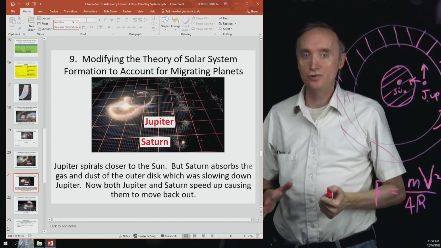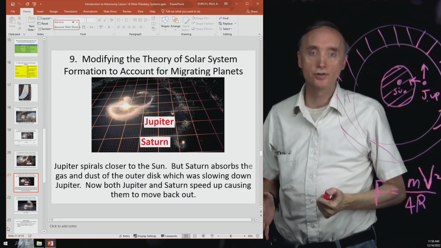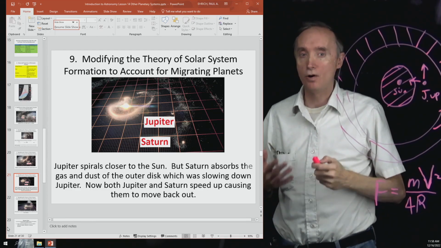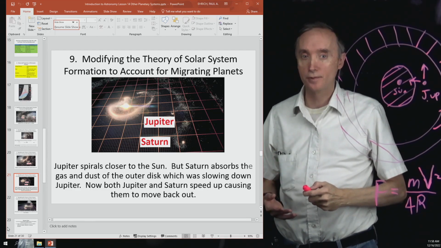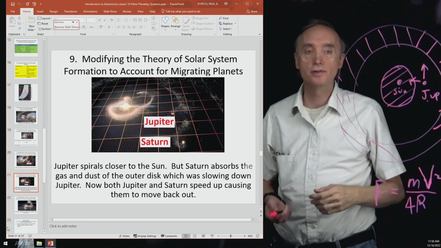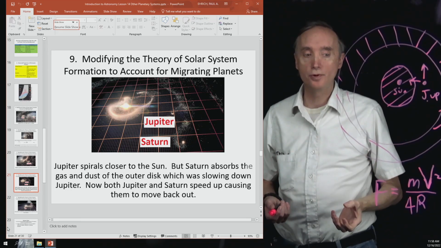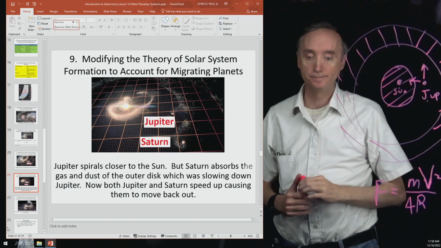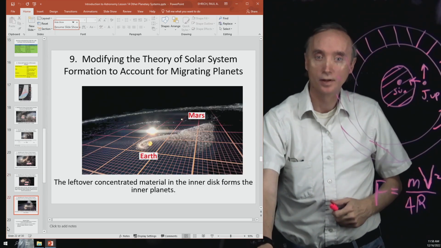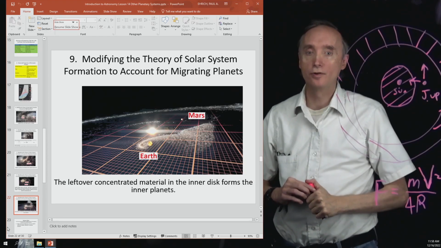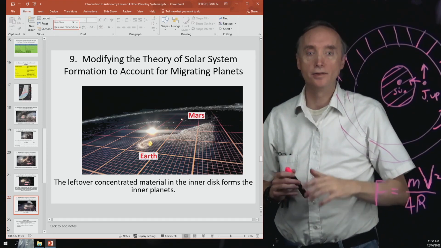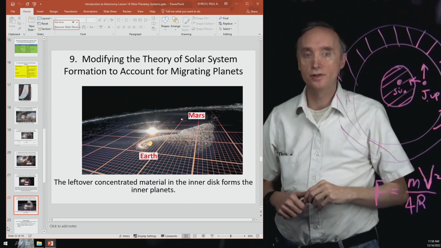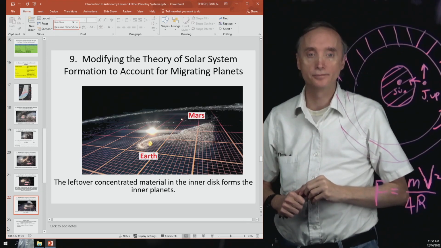Now, it's not due to anti-gravity, so don't get the idea. Gravity always pulls inwards. So it's a consequence of the speed of Jupiter, and centripetal force is causing it to do that. And then the leftover material in the disk forms the inner planets.